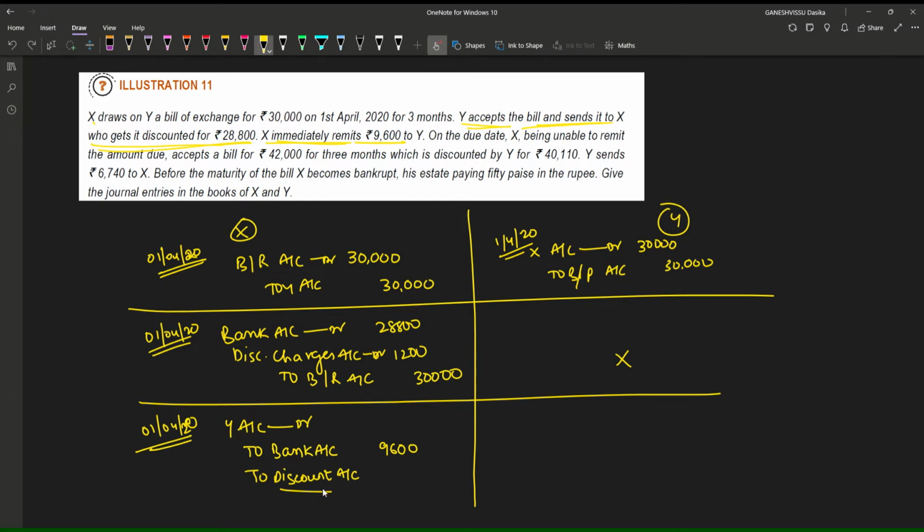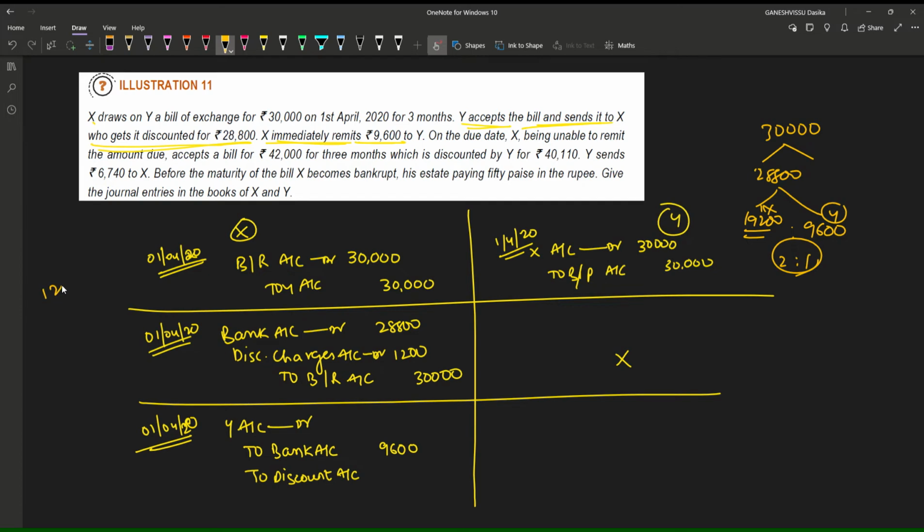Again, we have seen a 2:1 ratio is there, because out of this 30,000 rupees, 28,800 has been received, and out of this 28,800, 9,600 has been received by Y, in the sense 19,200 amount is there with X. That means a 2:1 ratio is followed by both parties.